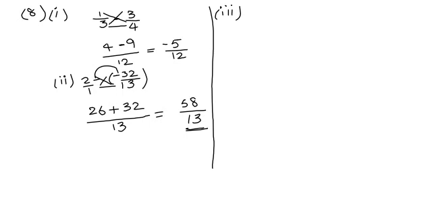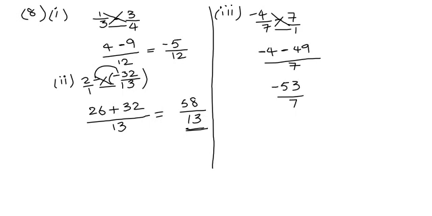Now we'll go for the 9th question. Now I'm going to enter into the 9th question. What number should be added to minus 5 by 8 so as to get minus 3 by 2? Which number, when you add it to minus 5 by 8, will give you minus 3 by 2?